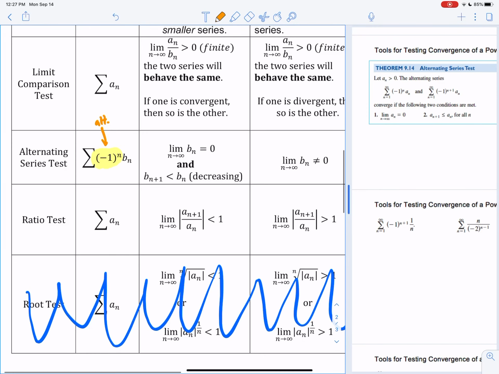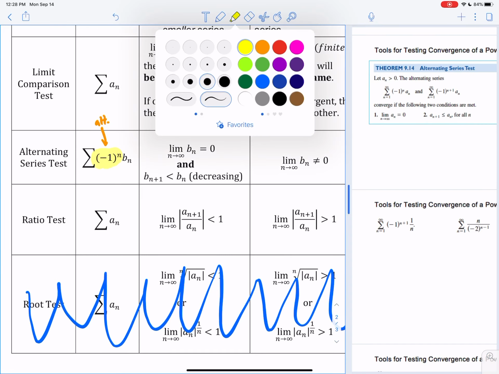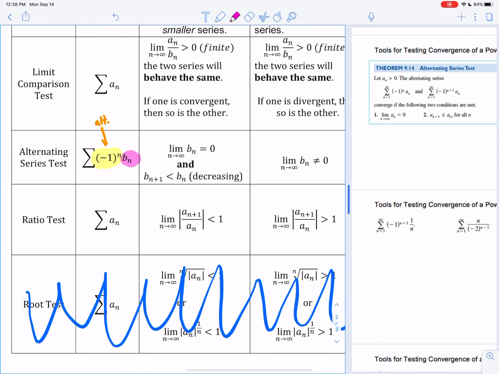Now, you're going to learn that there are some other ways to alternate a series, but we'll get to that. Basically, if you have an alternating series, you take the portion not including the alternating part, so just your b sub n, everything except the -1 to the n, and you take the limit as n goes to infinity.